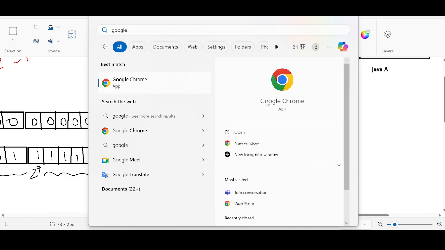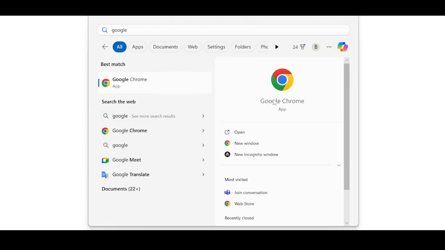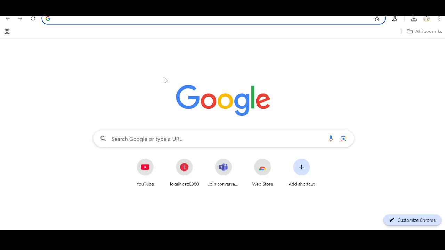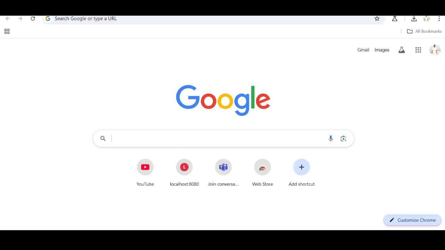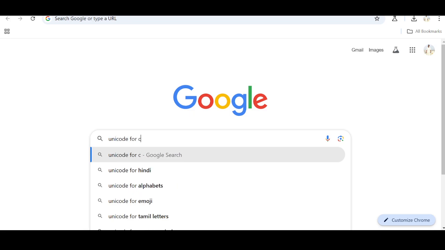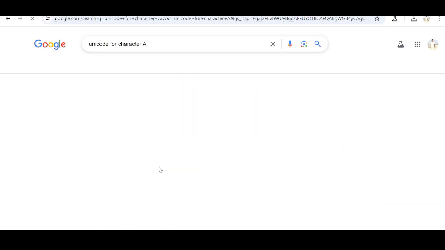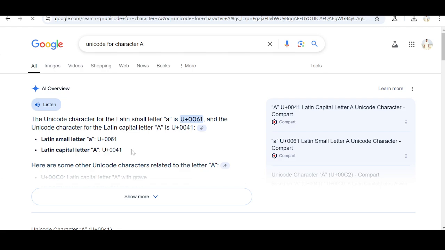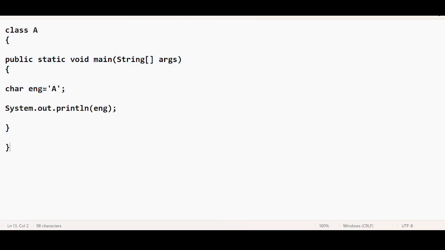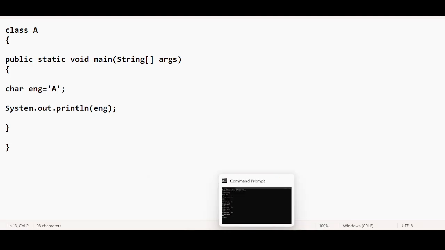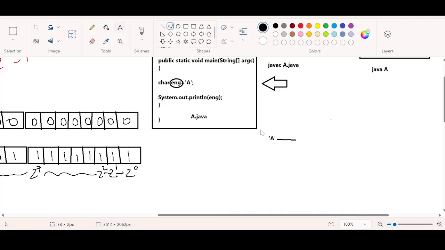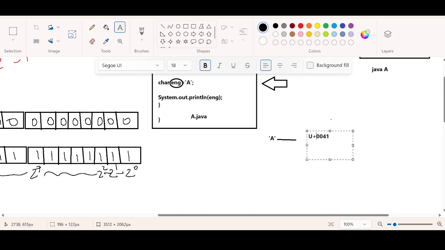Let us understand the equivalent Unicode for the value A. If you are getting plus, replace that plus with a backslash and a lowercase u.